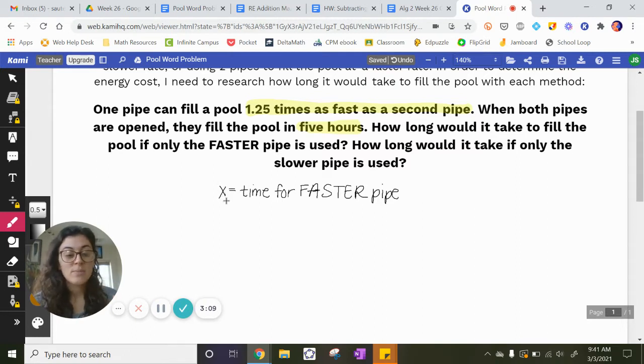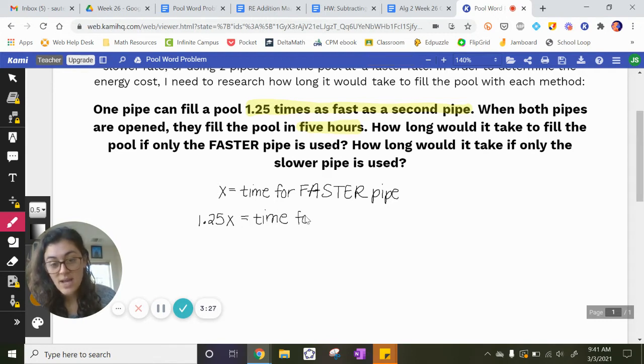So if our faster pipe takes like 8 hours, our slower pipe definitely needs to take longer. In fact, it needs to take 1.25 times longer. So 1.25x is the time it's going to take the slower pipe. So time for slower pipe.